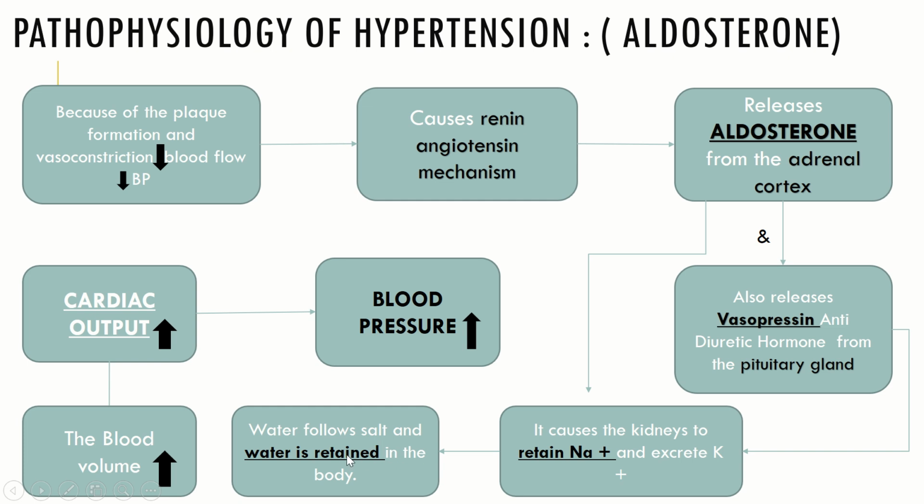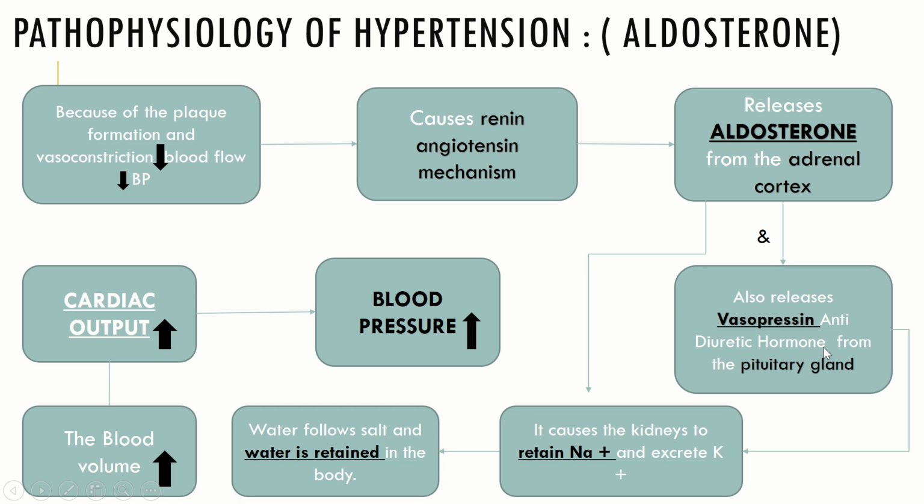As this happens in our body, the blood volume increases, cardiac output increases and blood pressure increases. So the blood pressure rises by peripheral resistance, and also by the blood volume. The blood volume is raised by this vasopressin, which is an antidiuretic hormone.